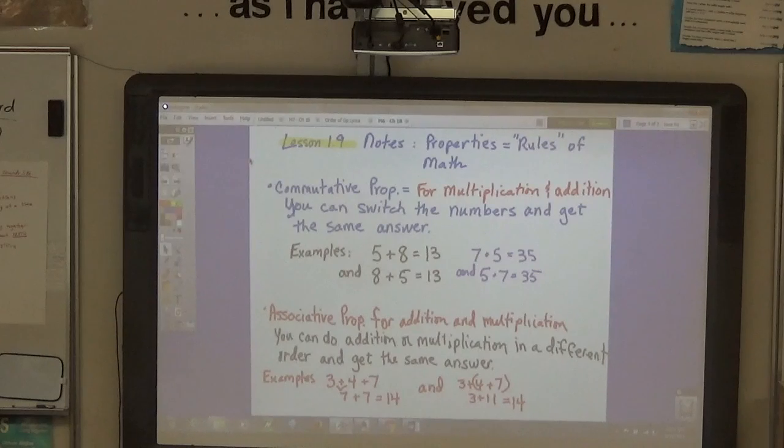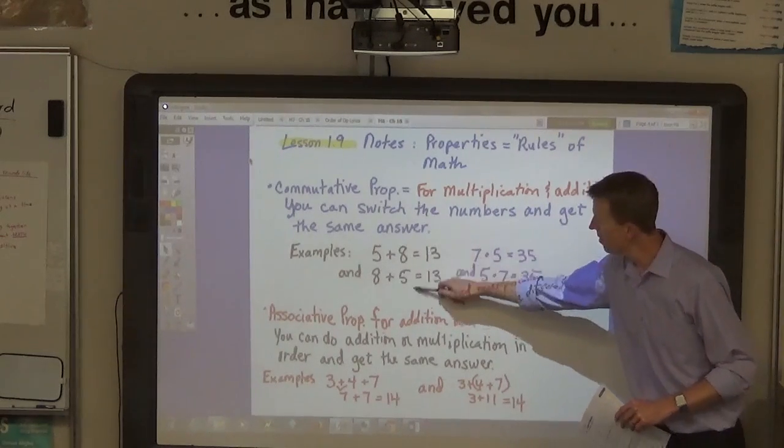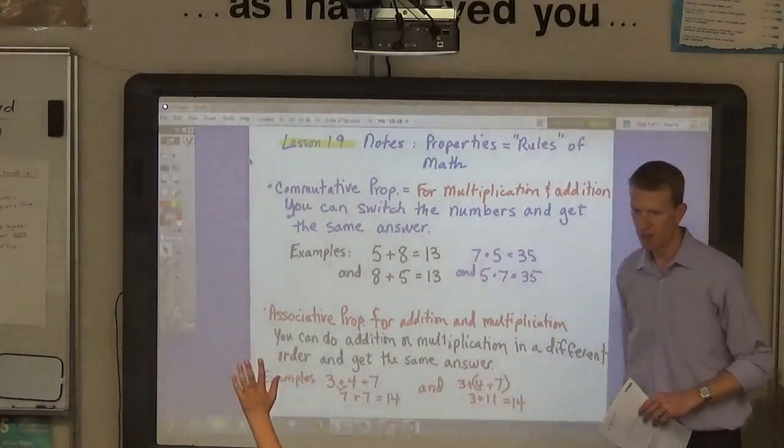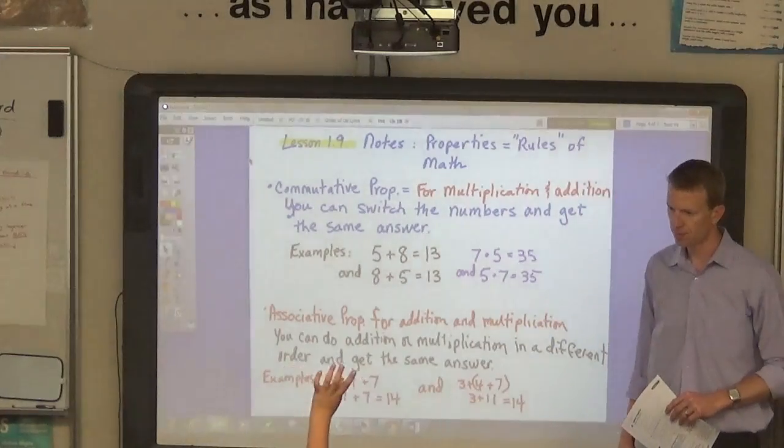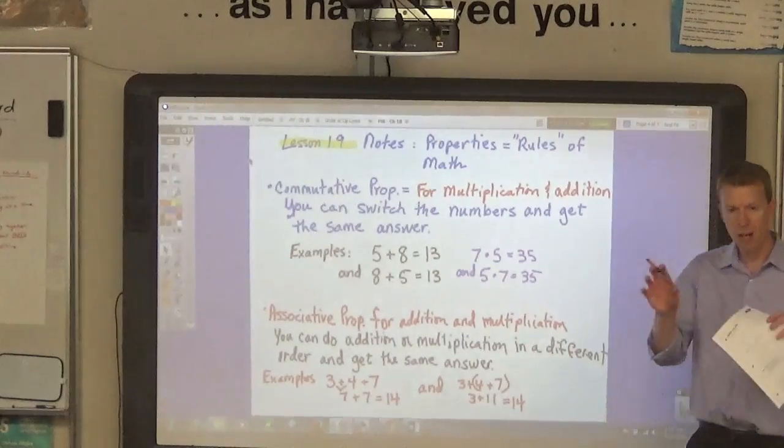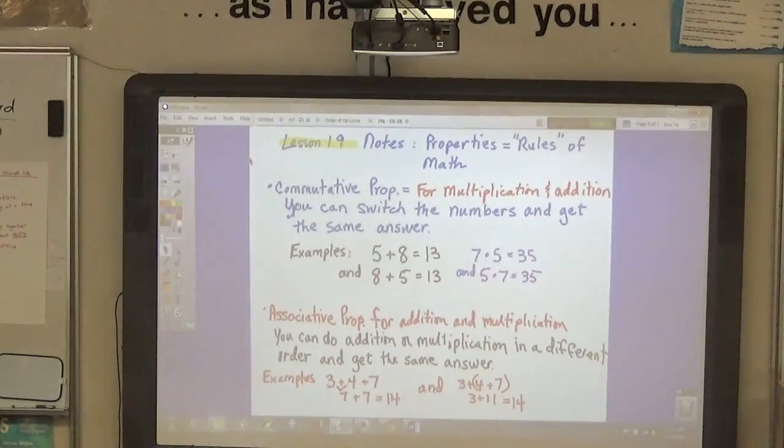So, number 1. Name the property shown. Number 1. It says 31 plus 29 equals 29 plus 31. What have they shown? Is it like this one or like this one? Eden? Commutative. It's commutative. The numbers are switched. So do we write commutative on the line?